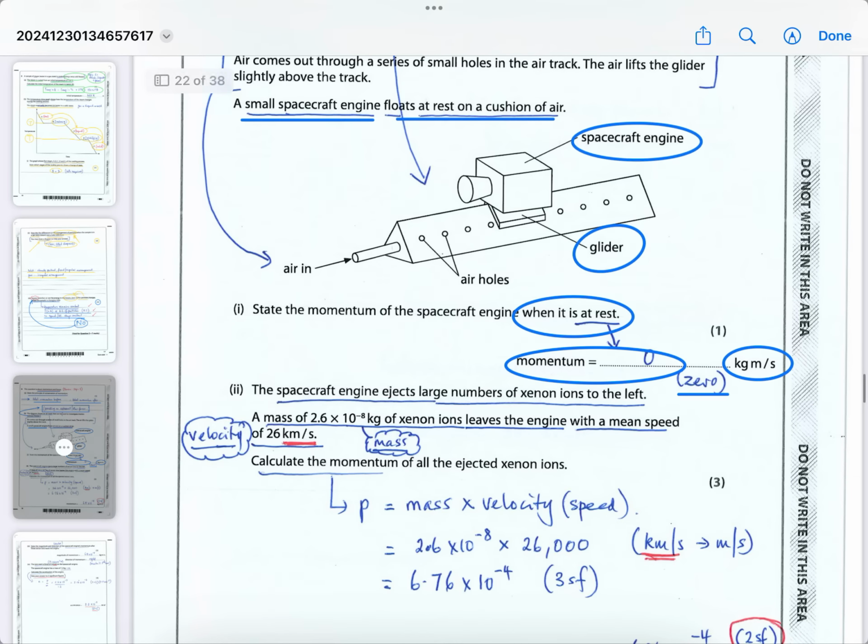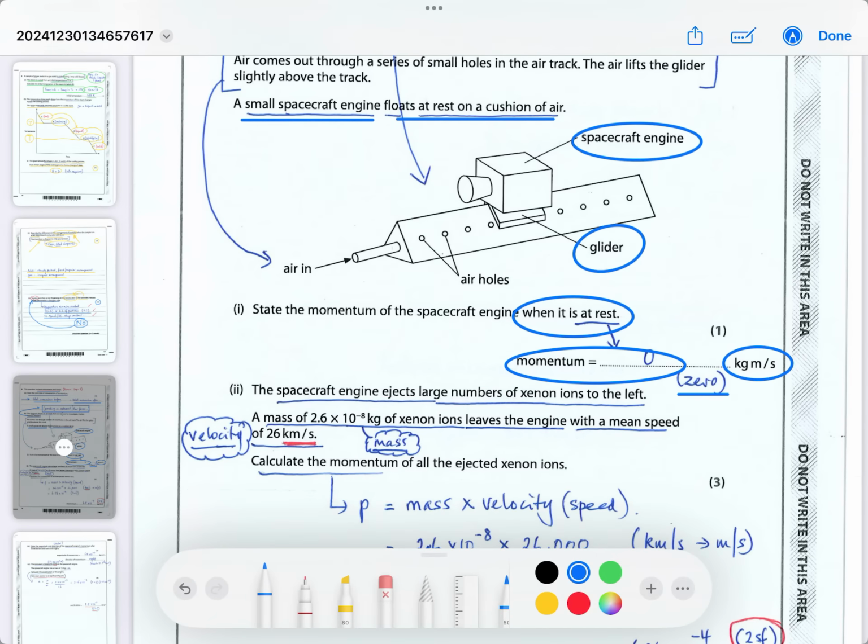Part 2 then goes on to say the spacecraft engine ejects a large number of xenon ions to the left. So out of this engine comes xenon ions, so that's the way that it's producing a force.